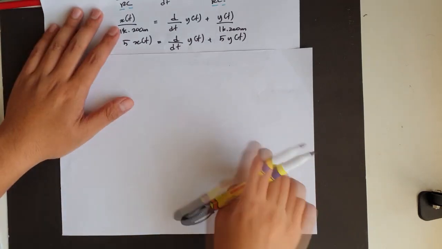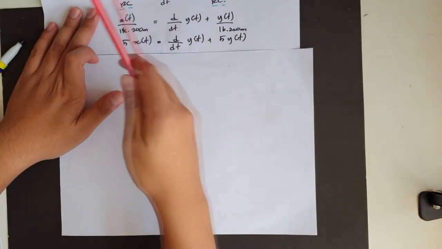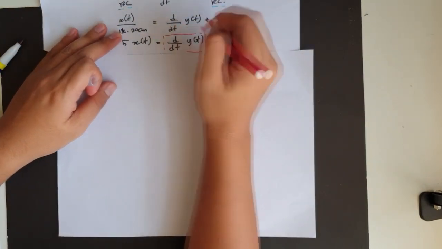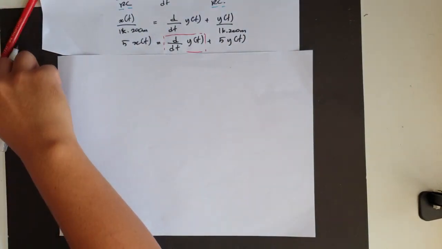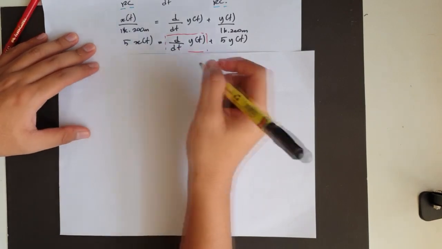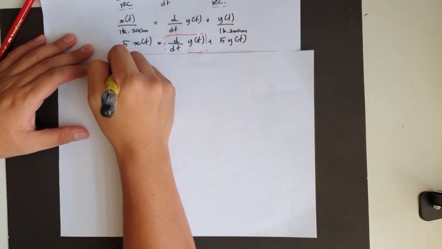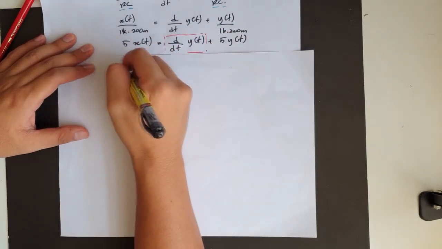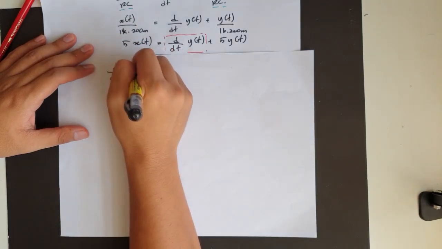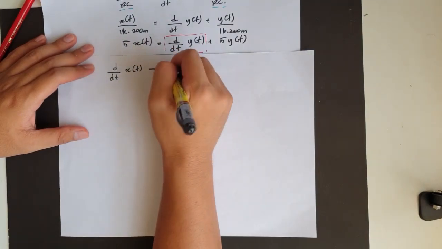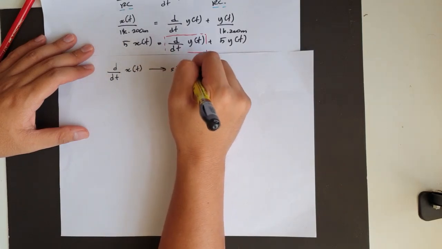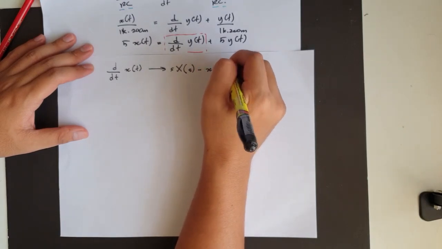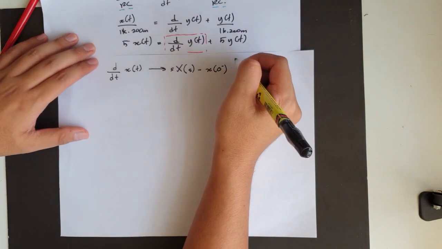Okay, according to this, we can apply the differential property for d/dt y(t). If you refer back to the Laplace property, for the derivative of x(t) we get sX(s) minus x(0-).